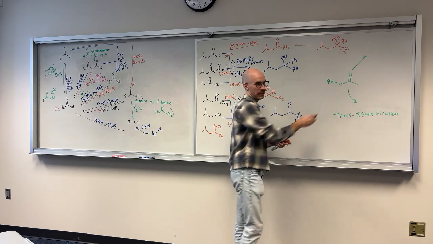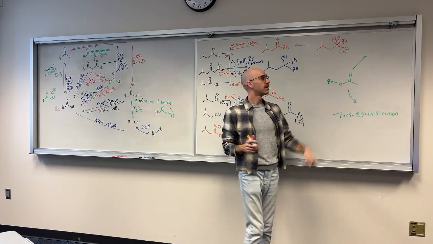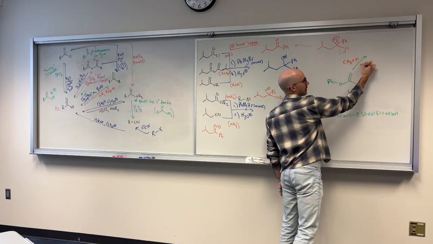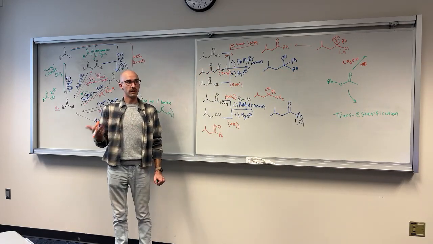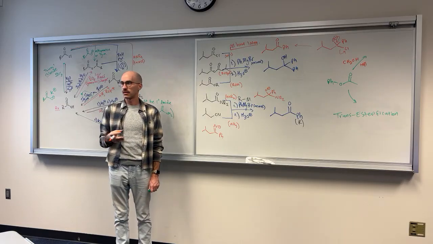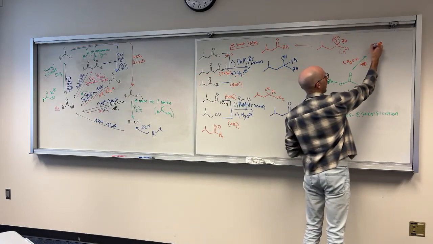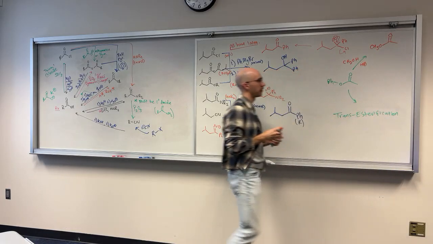So here I have this phenyl acetate, but I can make this methyl acetate by reacting with methanol and H+. It's substituting the ester group for a new ester group, methyl acetate.